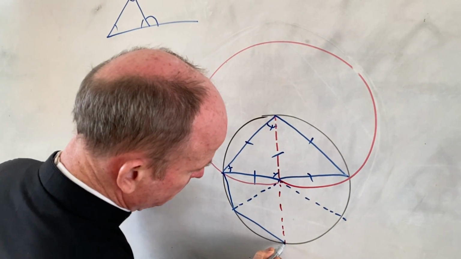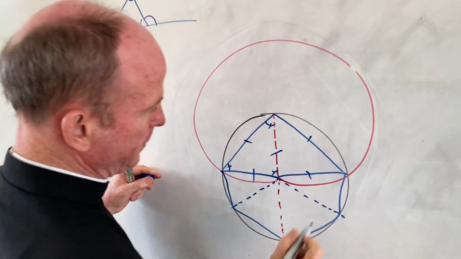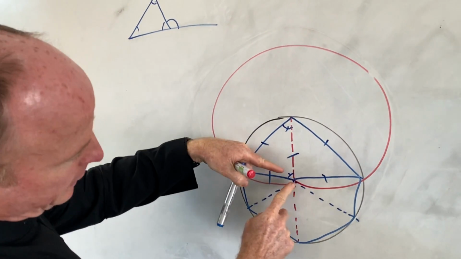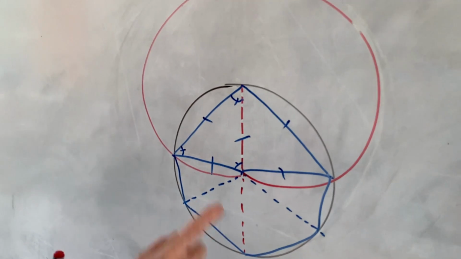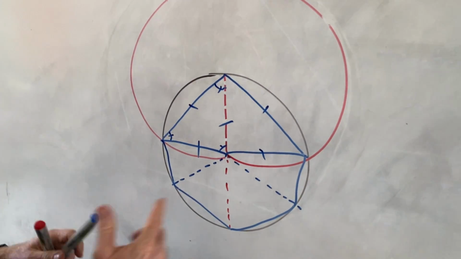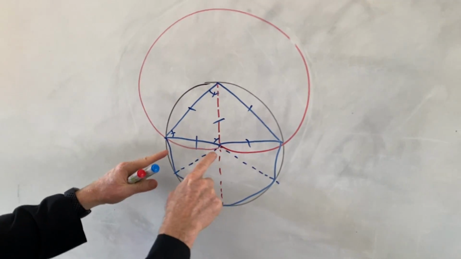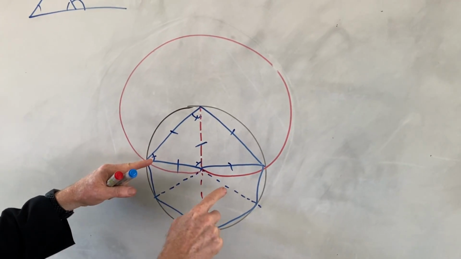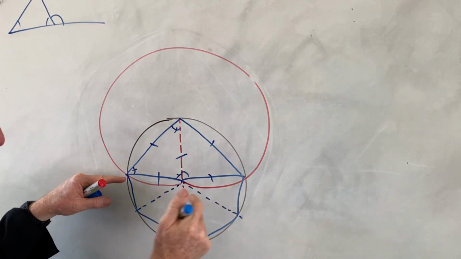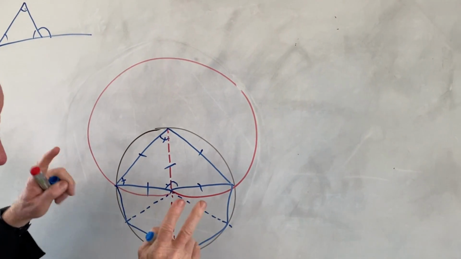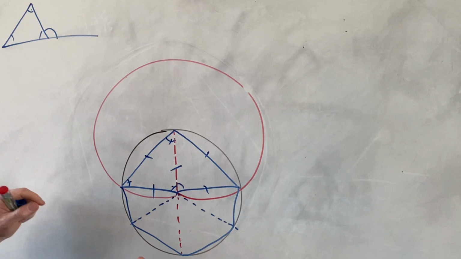Now these are vertical angles. It's not very pretty, but each of these is one third of a right angle. Here you have a straight line falling upon a straight line, making adjacent angles equal to right angles.